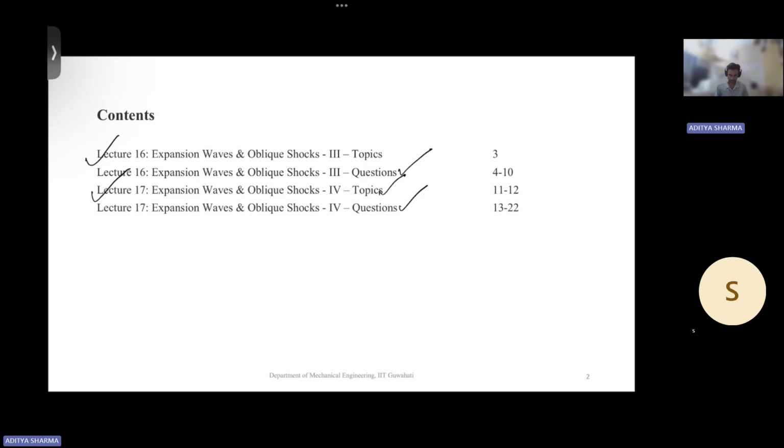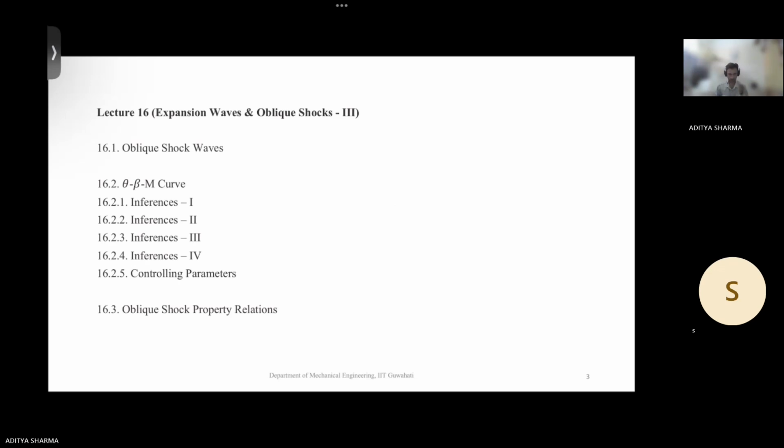So let's see first the topics that were there in lecture number 16. First we have oblique shock waves that has been discussed. Then the theta beta M curve, this has been discussed. Then inferences are there. Then one topic, controlling parameters.